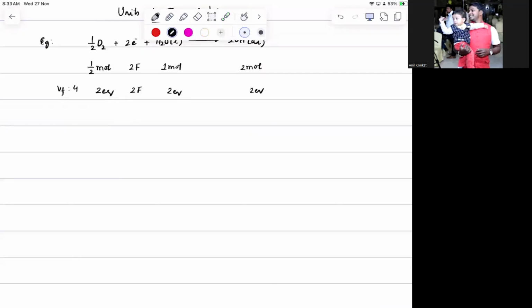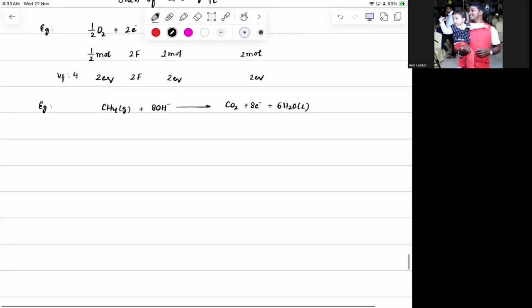Similarly, imagine one example happening at cathode, something like CH4 gas plus 8 OH minus is giving CO2 plus 8 electrons plus 6 H2O liquid. Here also, if you notice by moles, it is 1 mole, 8 moles, okay, 1 mole, 8 moles, and 6 moles, correct?